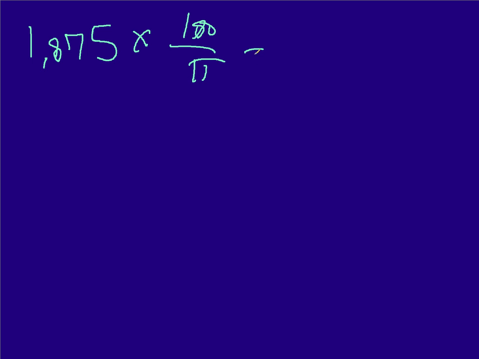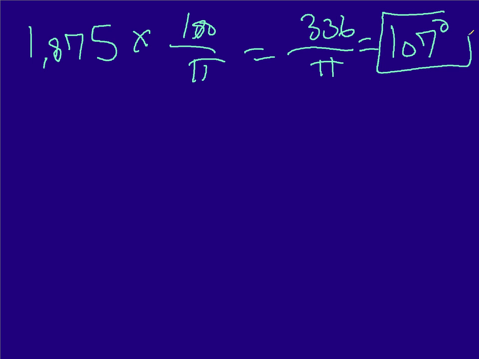And that's going to equal 336 over pi. And if you get the actual answer using the calculator, 336 divided by pi, you'll get 107 degrees. That's the actual answer.